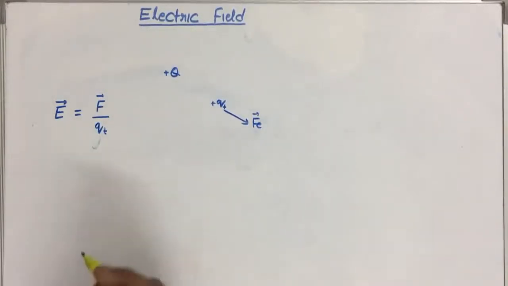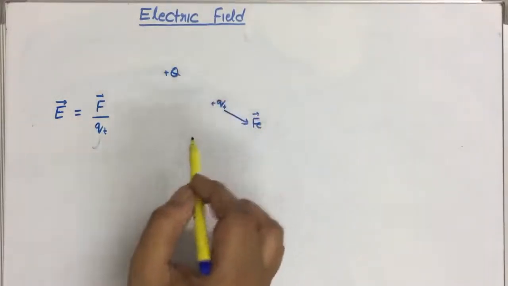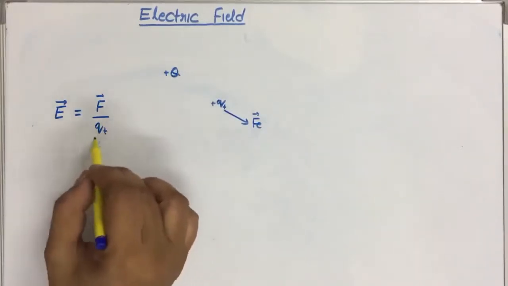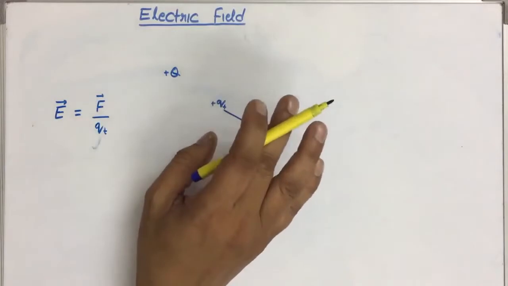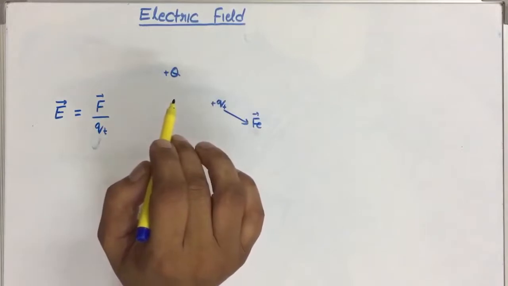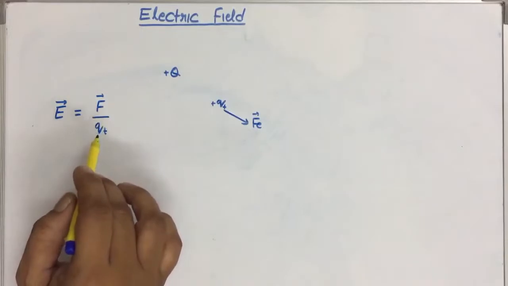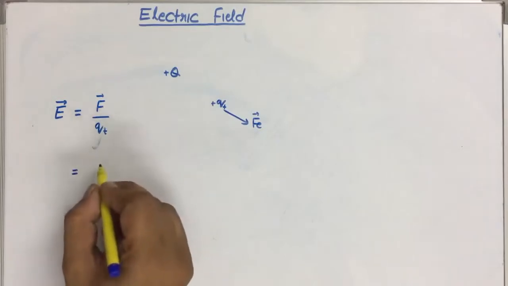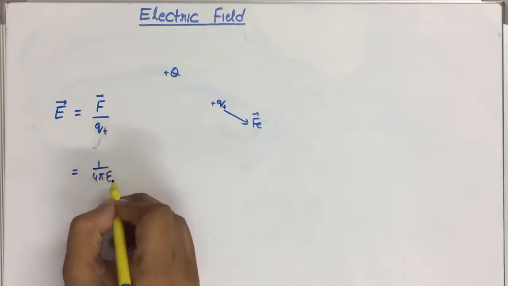Okay. Now, as we want to know the influence of charge in its neighborhood, this must be independent of the Qt. Means whatever charge we are placing, the field should not depend on it. So, according to that, E should be F by the test charge, and from here we know that F we have already studied, 1 by 4 pi epsilon.